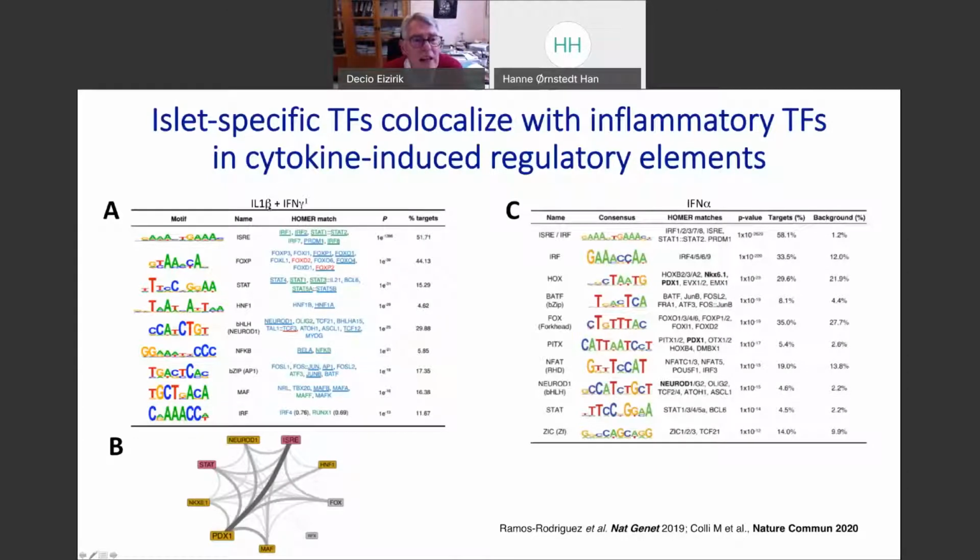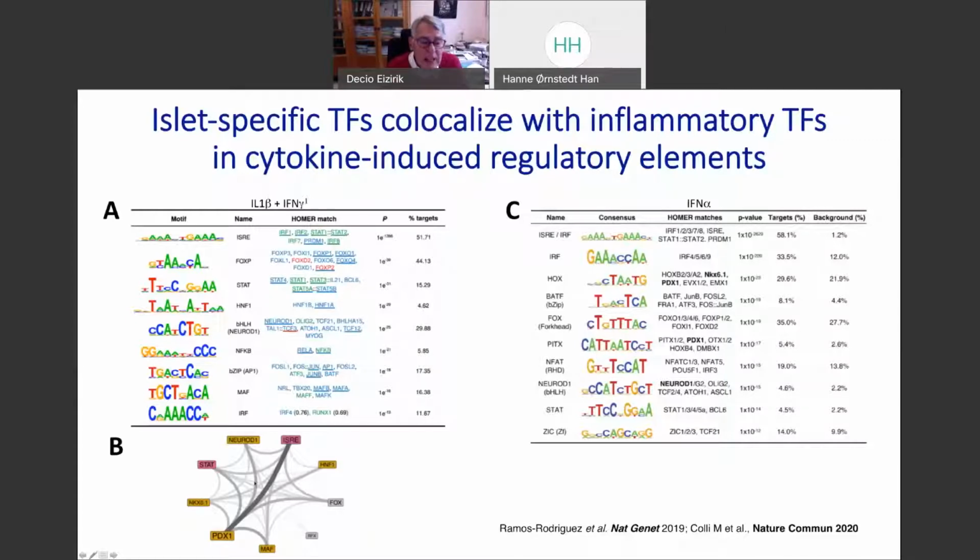So when we treated human beta cells with interleukin-1 beta plus interferon gamma, or a type 1 interferon, you will see binding of the transcription factors that you would expect, like IRF1, STAT1, STAT2, and so on. But to our surprise, we also found binding of several transcription factors that are involved in maintenance of the beta cell phenotype, like, for instance, PDX1 and NeuroD.